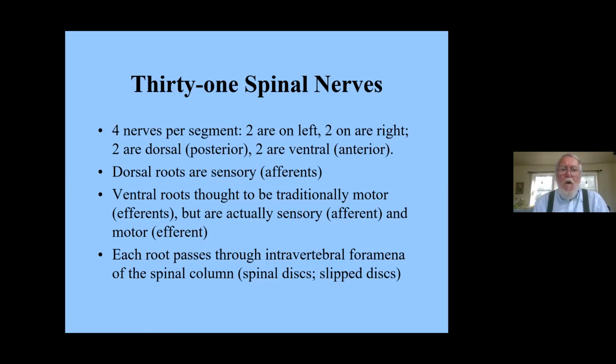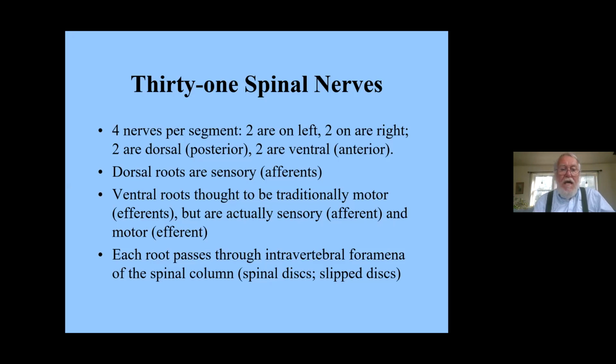So we now have 31 spinal nerves. So there's 4 nerves per segment. 2 are on the left, 2 are on the right, 2 are dorsal, posterior, 2 are anterior.